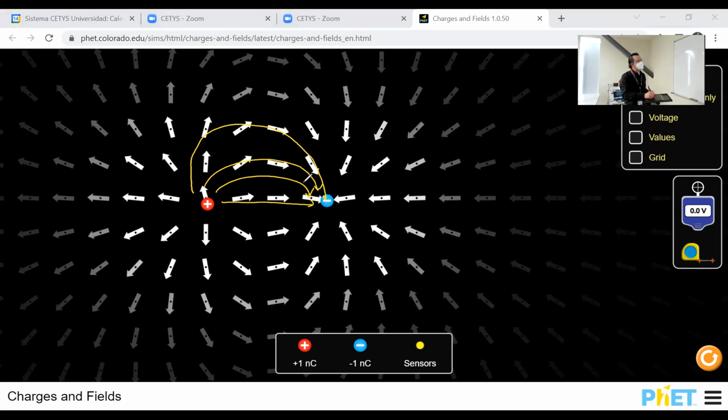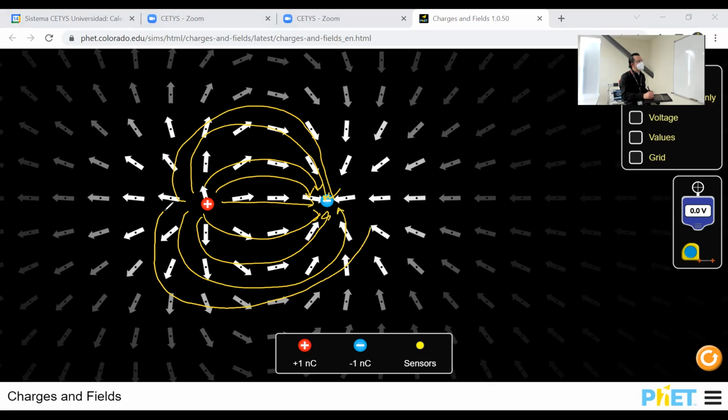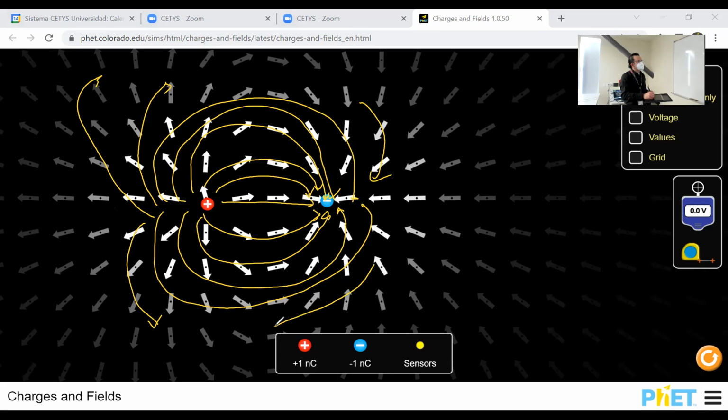So what's happening is kind of like something like this. And this is basically the representation of an attraction force. This interaction, where one arrow going outwards interacts with the other arrow going inwards to the other charge, is what represents an attraction force.